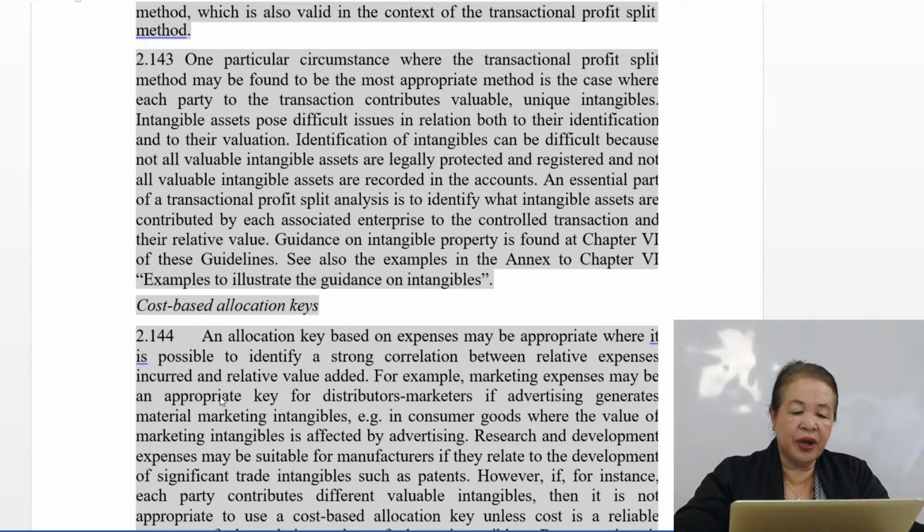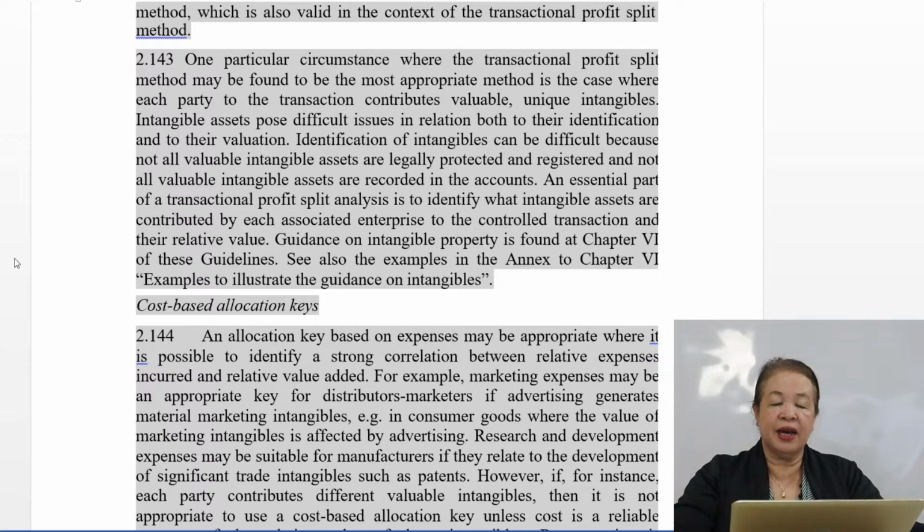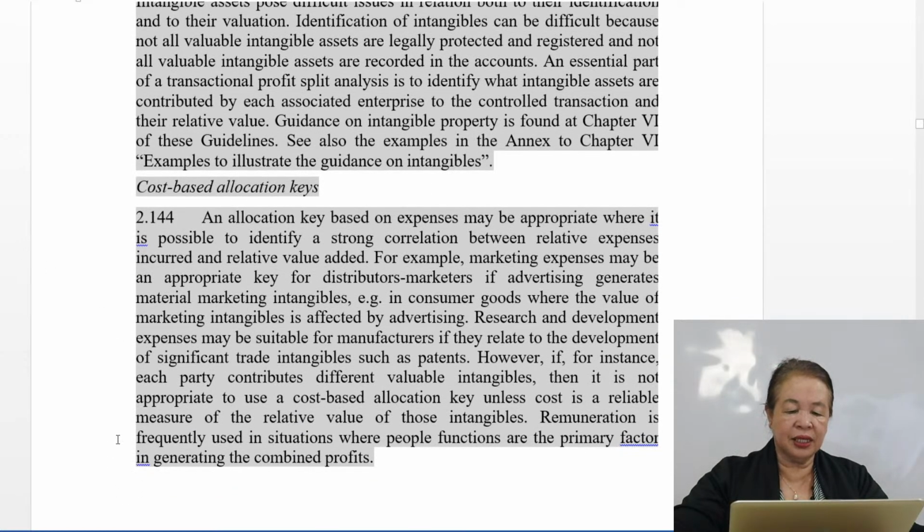An essential part of a transactional profit split analysis is to identify what intangible assets are contributed by each associated enterprise to the controlled transaction and their relative value. So guidance on intangible property is found at Chapter 6 of these guidelines. See also the examples in the annex to Chapter 6, examples to illustrate the guidance on intangibles.